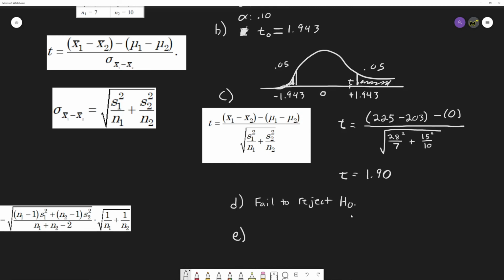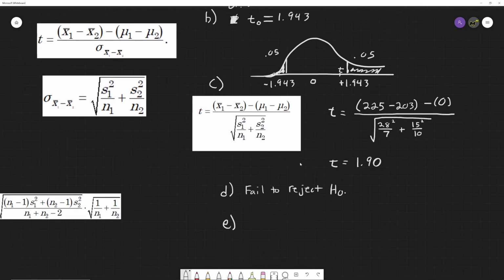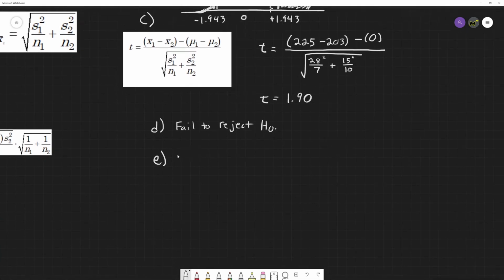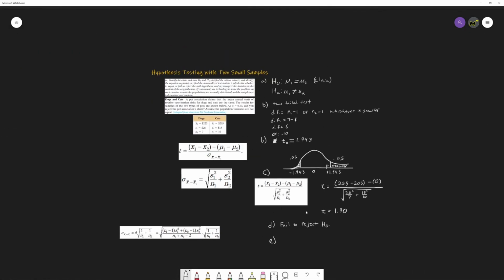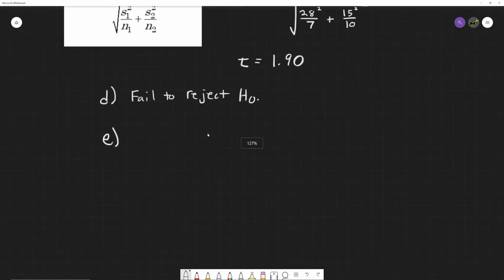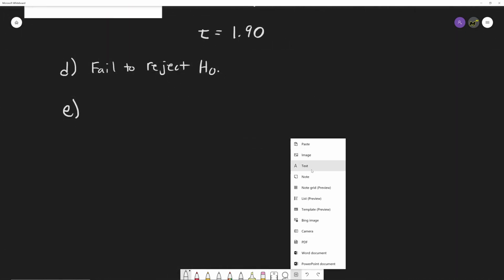Alright, staying organized. And so finally part E, they're saying, hey, can you interpret the results for us? Well, sure we can. We failed to reject the null hypothesis, and so in order to explain what that means, we have to make a statement. And so here's what that statement would look like.